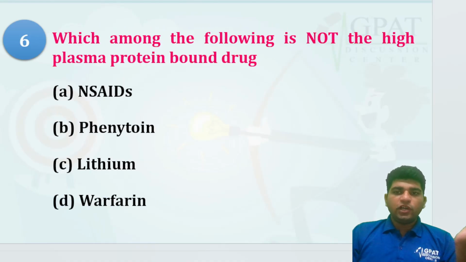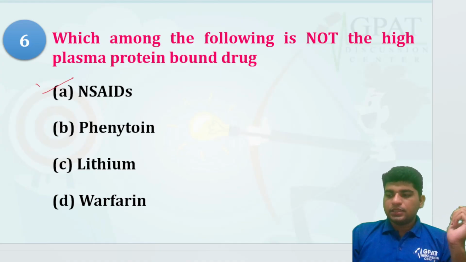Which among the following is not the high plasma protein bound drug? NSAIDs, phenytoin, lithium, warfarin. So the answer is lithium. Why?